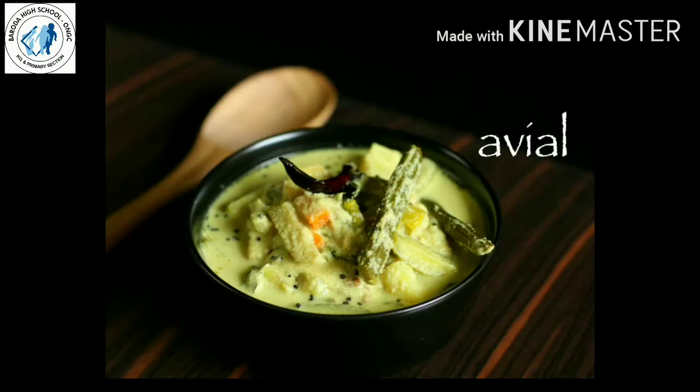Okay, avial. Basically the dish is a mixture of various vegetables, with a tinge of coconut paste and other herbs like ginger, and other spices like turmeric, chili powder, curd, etc. are added to it.